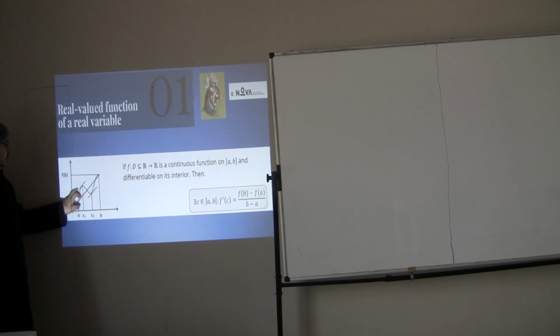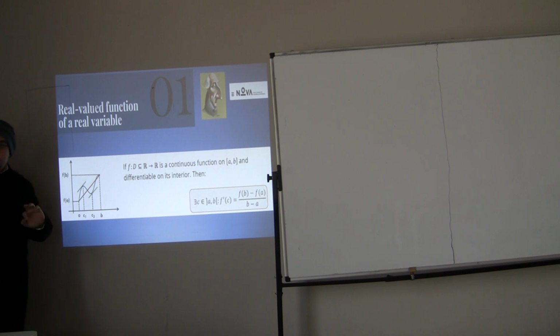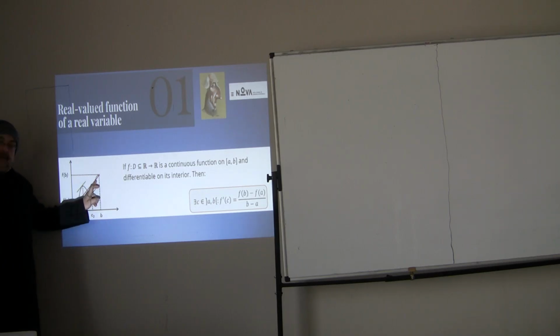The first of them is to have a continuous function and also differentiable within the interval from A to B, for example. What it states is, if you have this function, you will have some value of C within the range from A to B, for which the instantaneous rate of change will equal the slope, or the rate of change, that connects these two points A and B.